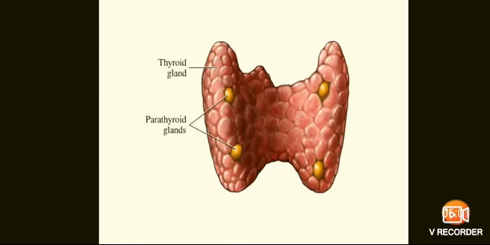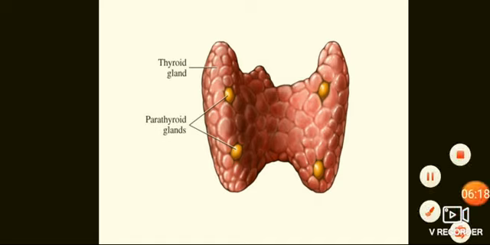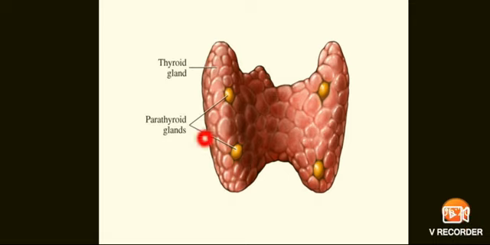Coming to the parathyroid glands, there are two pairs of parathyroid glands. They are lying along the posterior border of the thyroid gland within the false capsule of the thyroid. Each parathyroid gland is oval or lentiform in shape, about the size of a split pea.